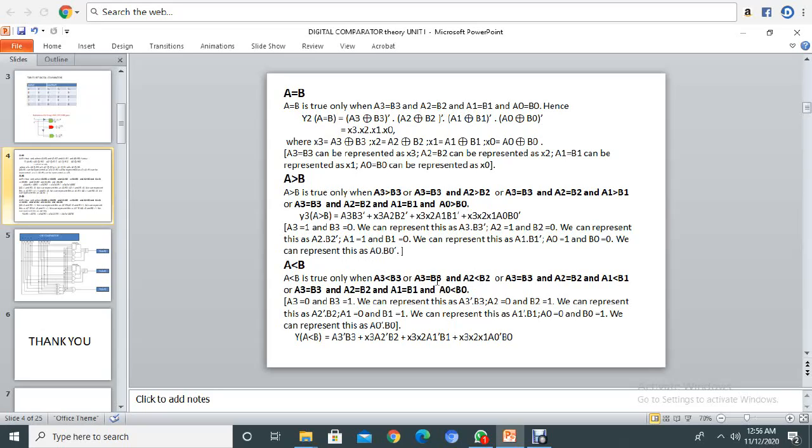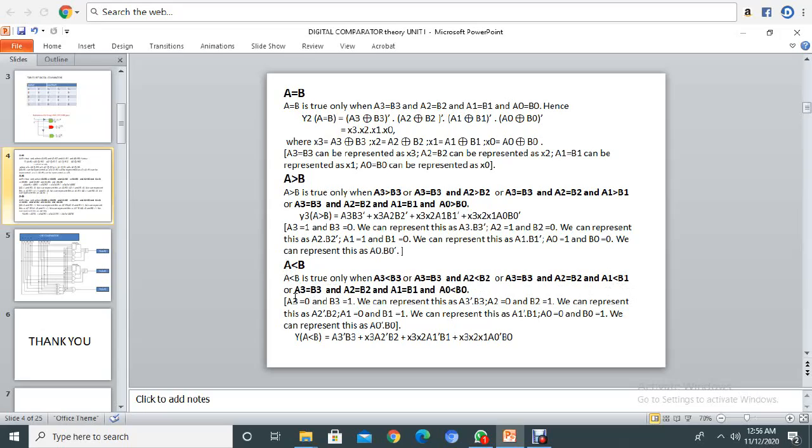So A3 is equal to B3, and if A2 is less than B2, then you can say that A is less than B. Or if the first two bits are equal, that means A3 is equal to B3, A2 is equal to B2, then you have to check the next bit A1, whether A1 is less than B1. If A1 is less than B1, then we can say that A is less than B.